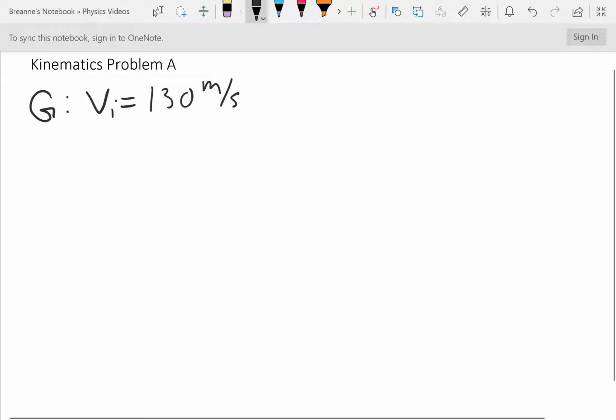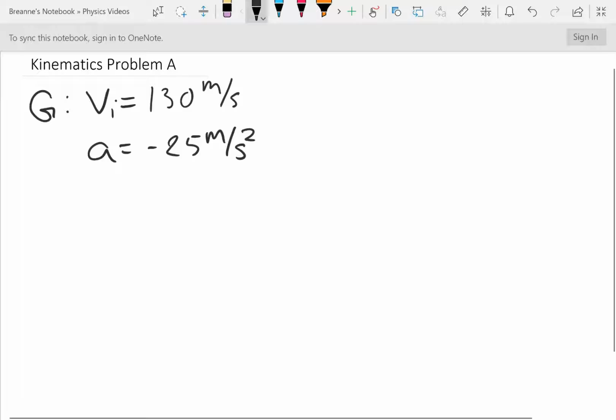I still hate that word. So our a would be negative 25 meters per second squared. And just in case some problems don't tell you, anytime you see meters per second squared, you should think acceleration.